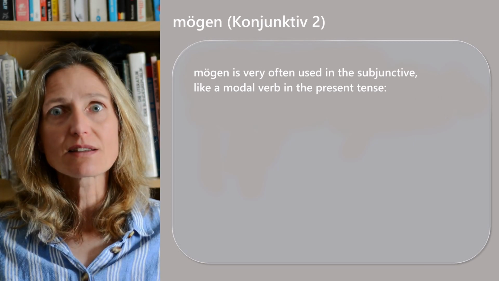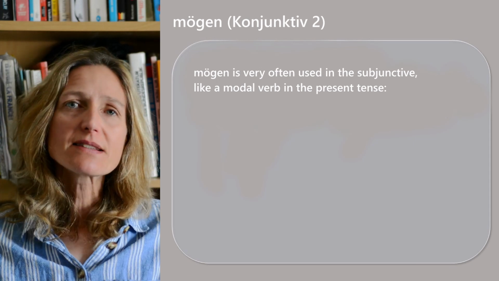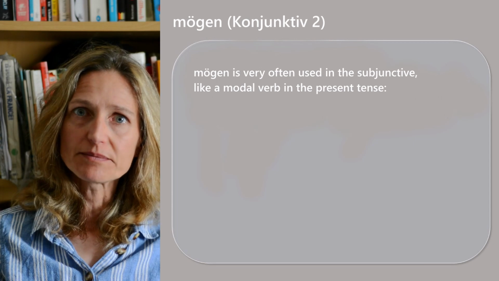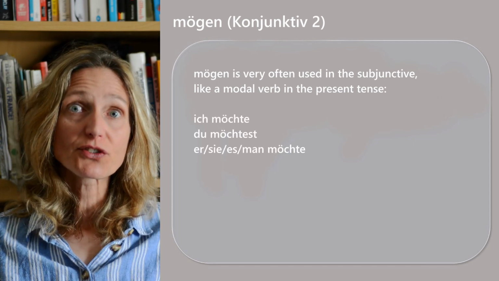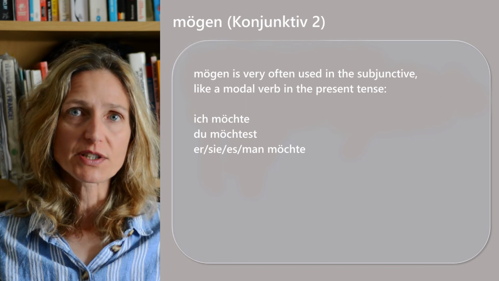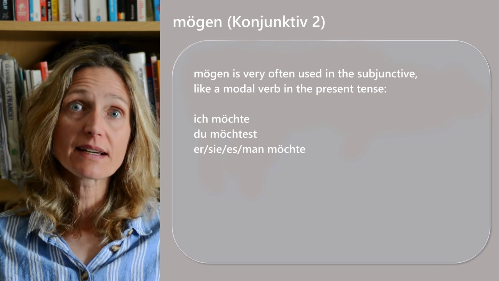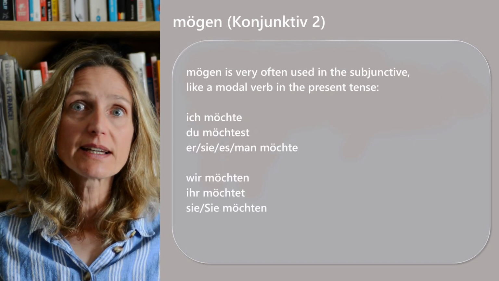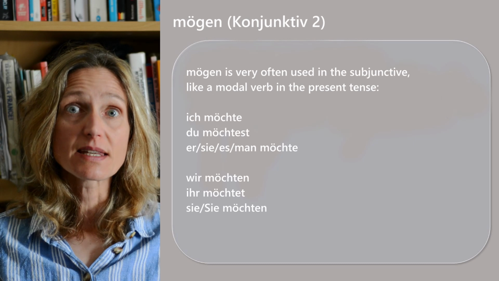It's conjugated very differently. It's used to express that you would like to do something. The conjugations are as follows. Ich möchte, du möchtest, er, sie, es, man möchte, wir möchten, ihr möchtet, sie möchten.